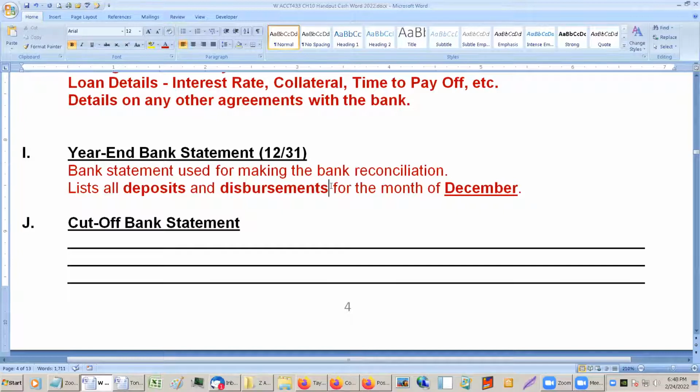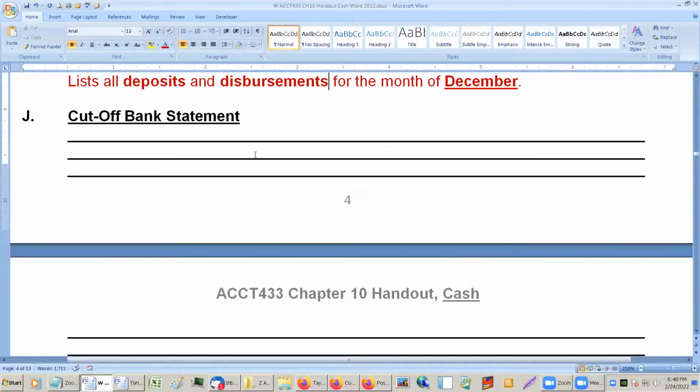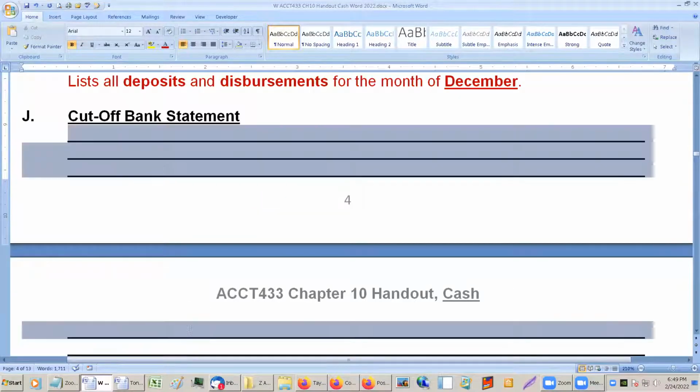Okay, and the last thing we're going to cover before we go on break is the cutoff bank statement.